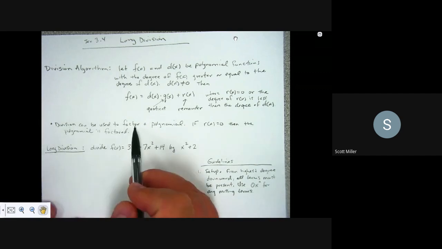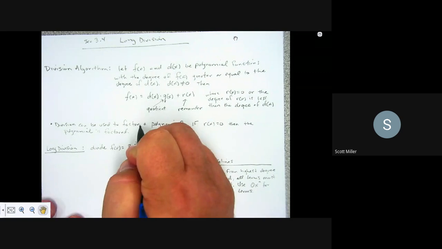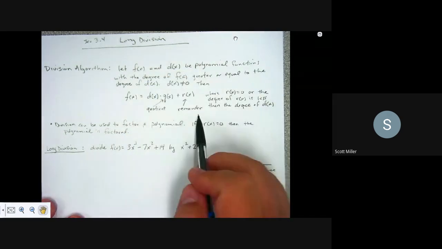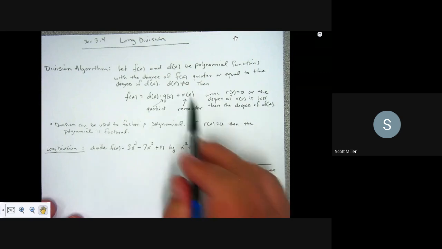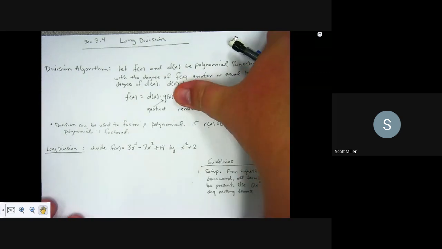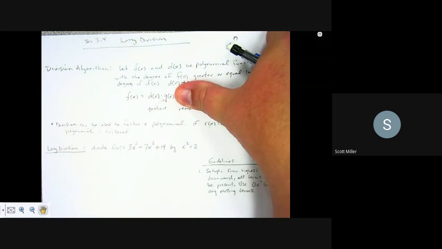Division can be used to factor a polynomial. And if the remainder is 0, then the polynomial is factored, because if that's 0, then I've taken the function f and written it as a product of two different functions, meaning it's factored.